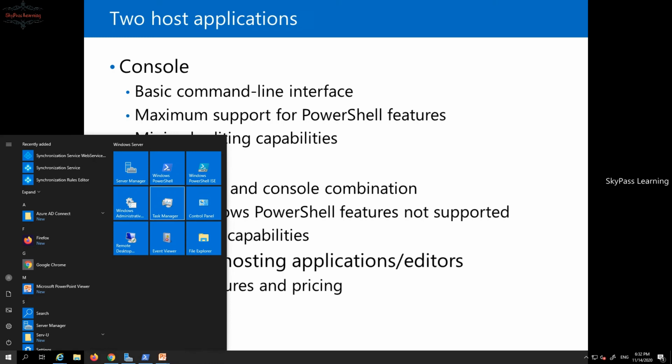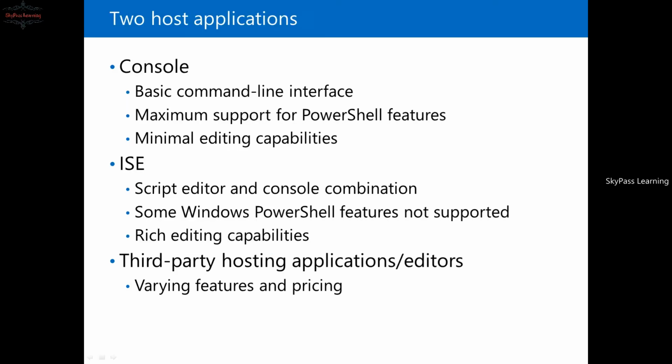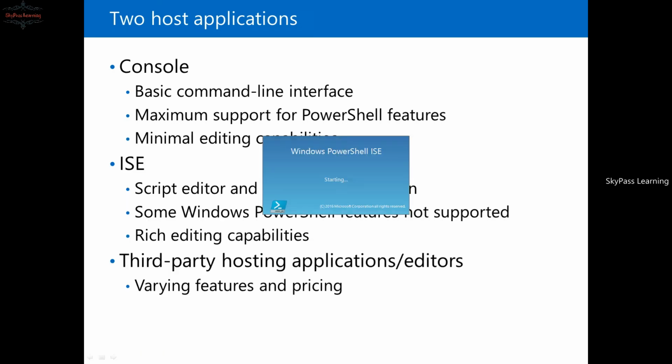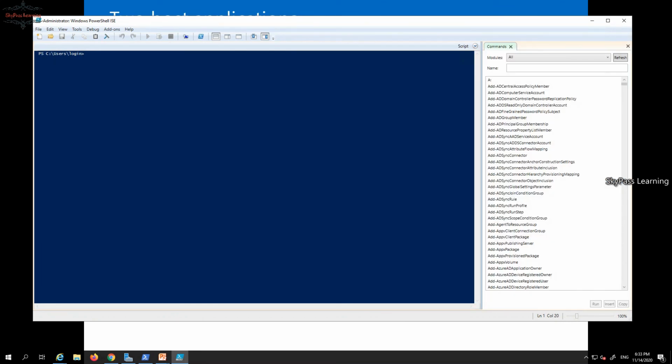As you can see, once you click on Start, you will see Windows PowerShell as well as Windows PowerShell ISE. When I click on PowerShell, I get a Microsoft Windows PowerShell window like this. And if I click on Windows PowerShell ISE, I get a more advanced version, where you can see all the commands available here.